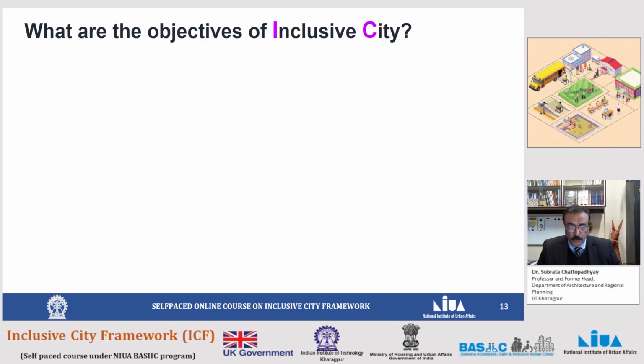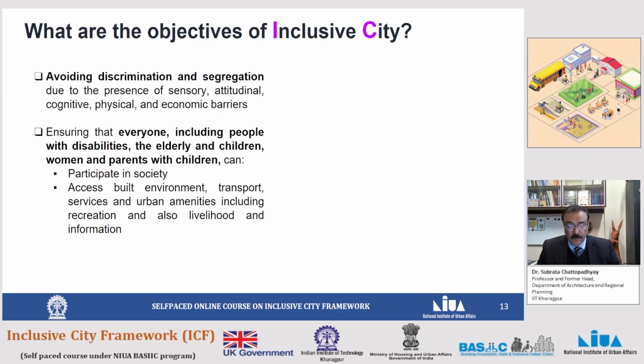So, if we look into the objectives and vision of inclusive cities, we have avoiding discrimination and segregation due to the presence of sensory, attitudinal, cognitive, physical, and economic barriers.